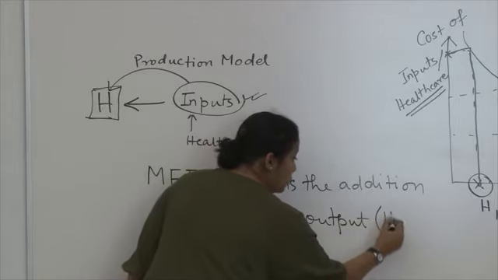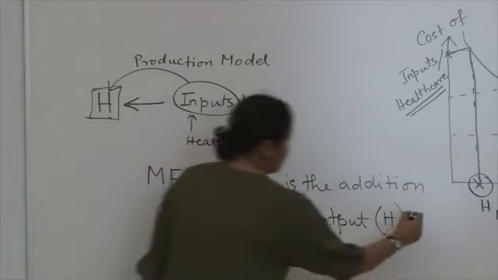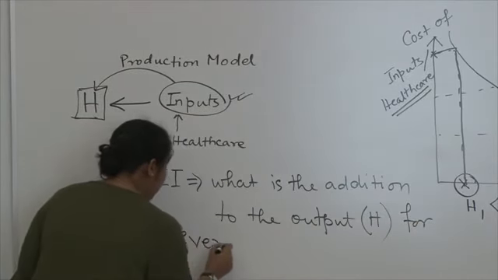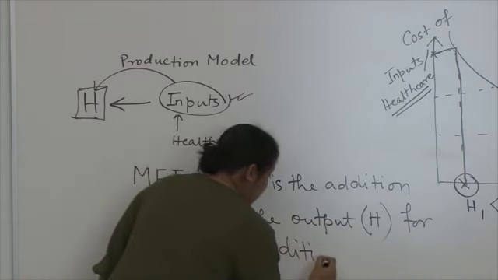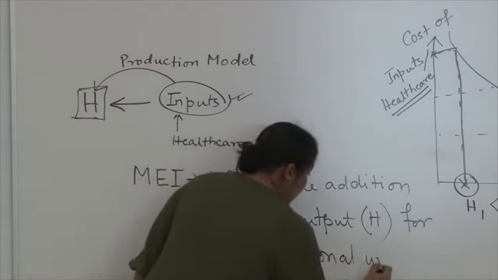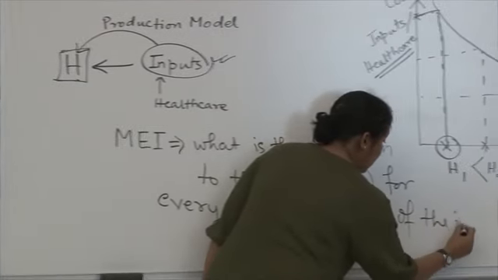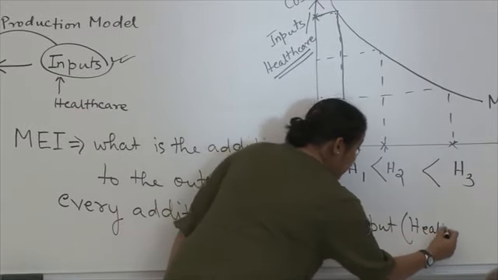In this case, the output is your health stock, that is capital H, for every additional unit of the input, where your input is the health care.